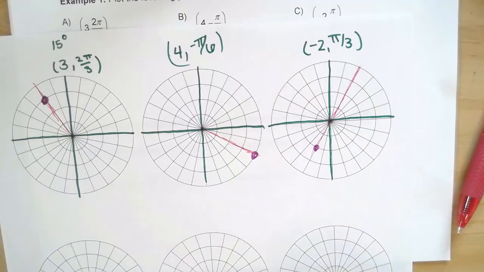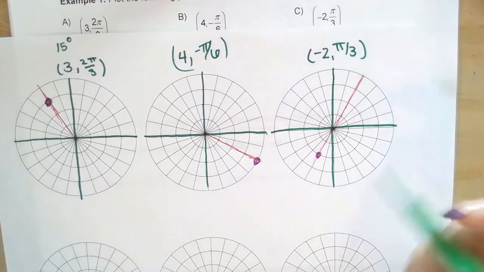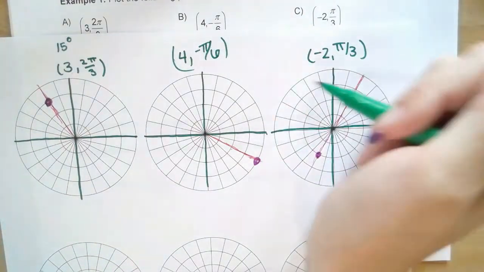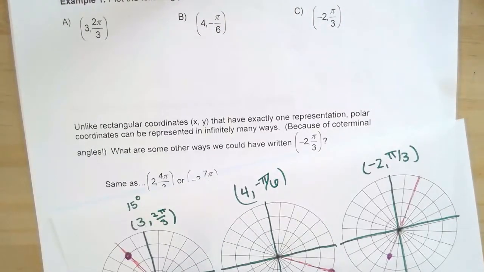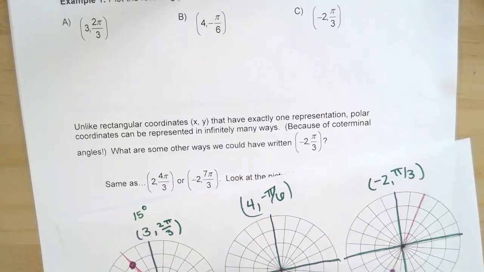But if you look, we actually can do another coordinate that ends up in the same spot, especially since we keep going around and around and around. So like, let's mark it as 2, 4 pi over 3.